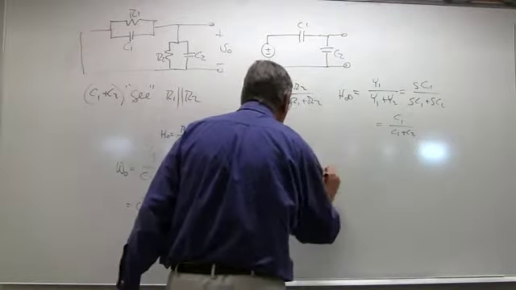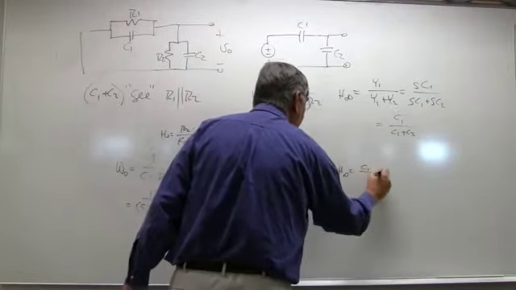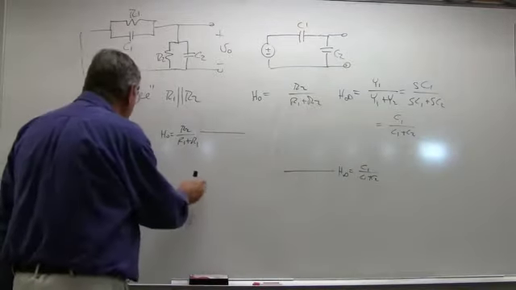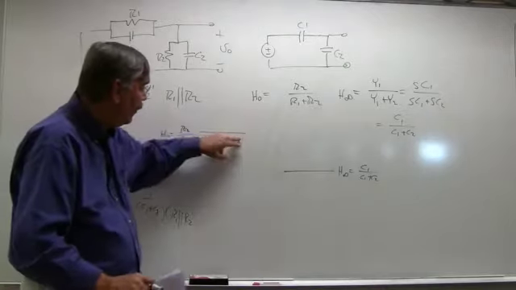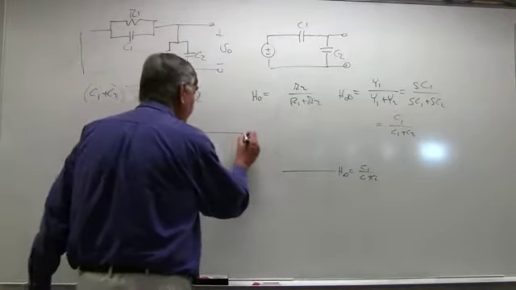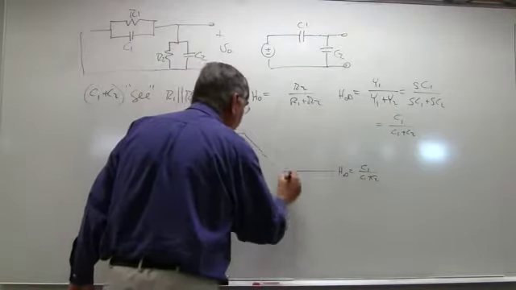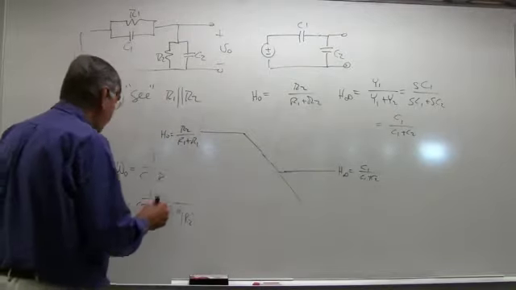I'm going to draw it as if it's lower. So this is my H infinity, which we just said was C1 divided by C1 plus C2. And if I can now figure out where the pole is, the place where this breaks down, then in this case the pole is here, and this goes down inversely proportional to frequency until it meets this one. So this is how we do the Bode plot.